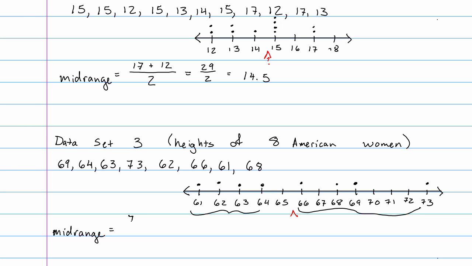The largest value is 73. The smallest is 61. So we have 134 over 2, which is 67.